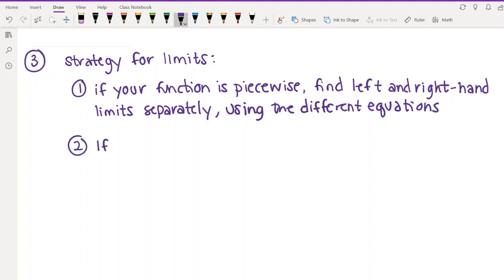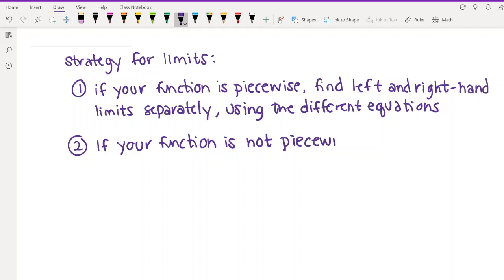So second thing is, if your function is not piecewise, then that's the usual situation. So the first thing you want to try is just plugging in the number, the number where you're trying to find the limit.